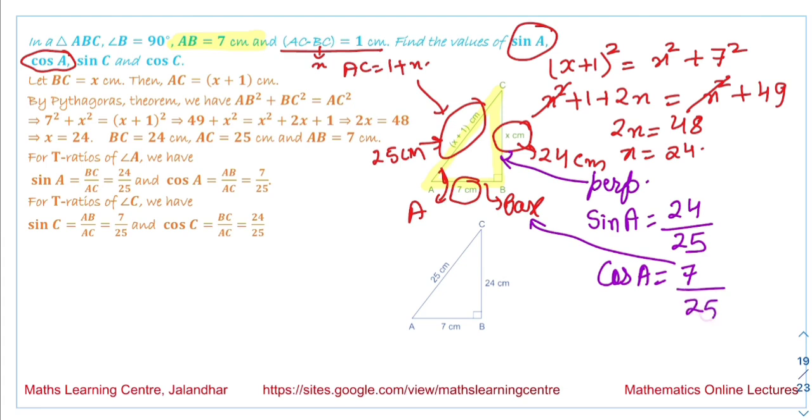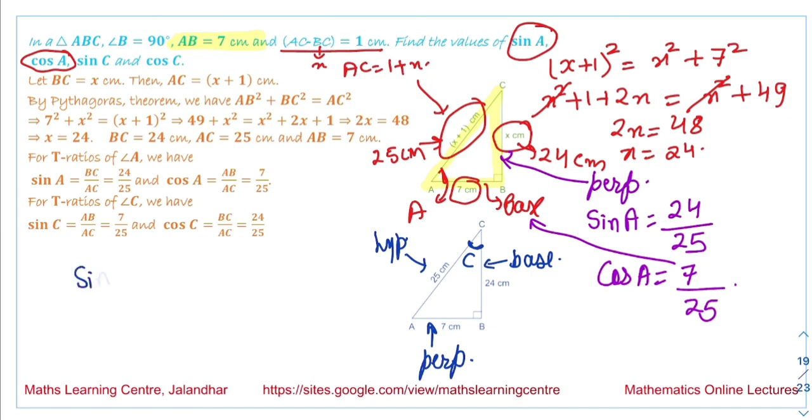Next, when we are talking about sine C and cos C, we are talking about this angle C now, the trigonometric ratios corresponding to this C. So for this C, this is the hypotenuse, this side is the base, and this side is the perpendicular.